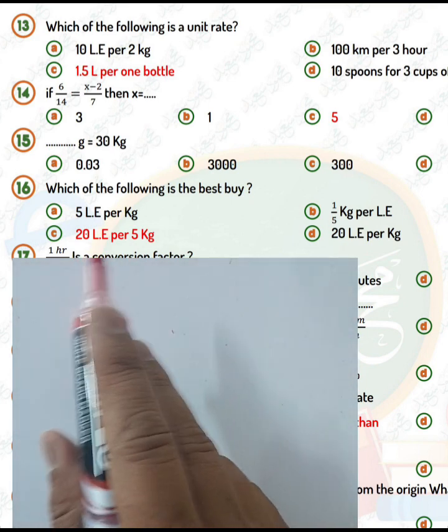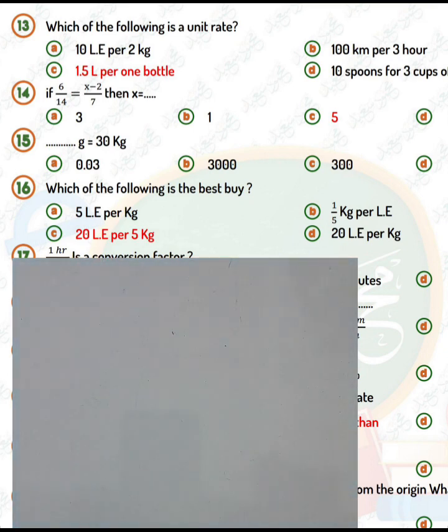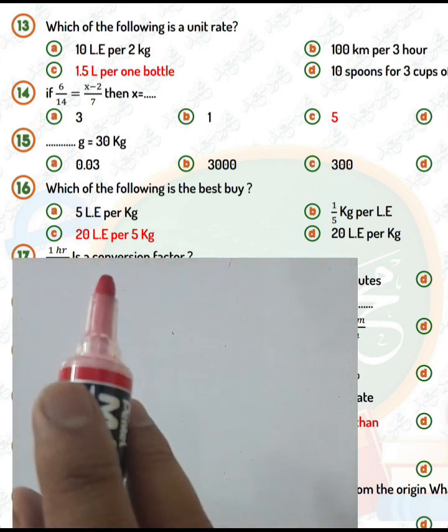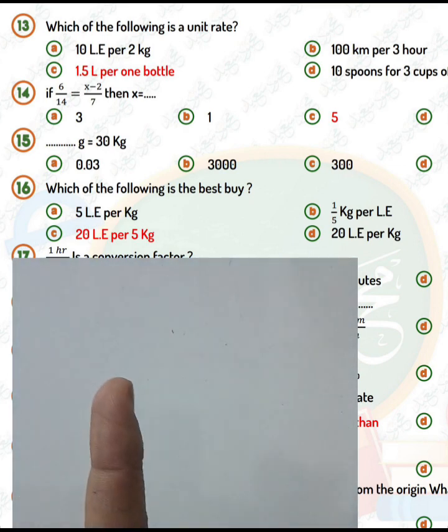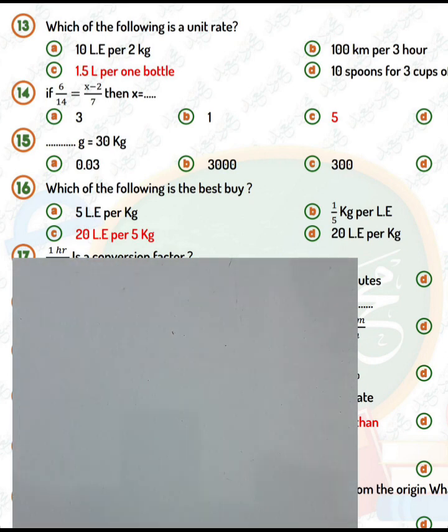So we must choose letter C, because the price of each one will be 4 Egyptian lira per 1 kilogram. To find the unit rate, you must divide 20 by 5, which equals 4. The price of each 1 kilogram equals 4 Egyptian lira. So choose letter C, because 20 divided by 5 equals 4.